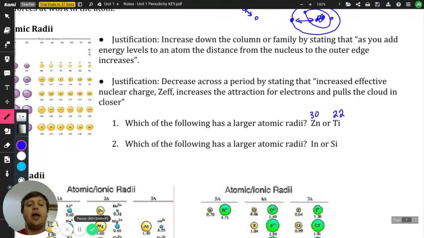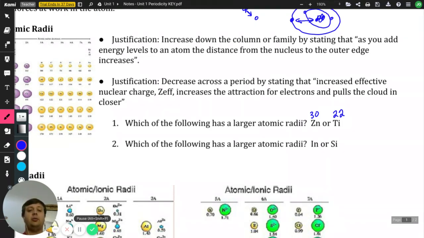So as I move across my periodic table, I'm increasing my protons, which increases my Zeff, or effective nuclear charge, which increases that attraction, which decreases that distance from the protons to the electrons.